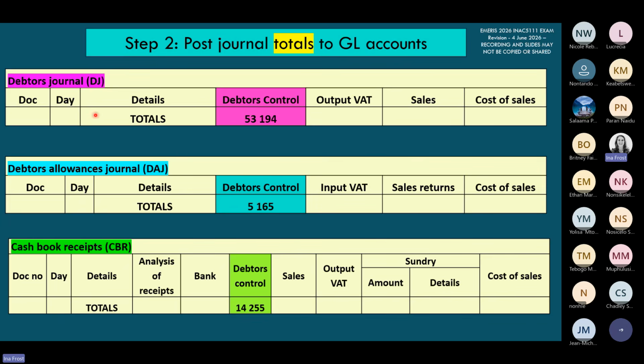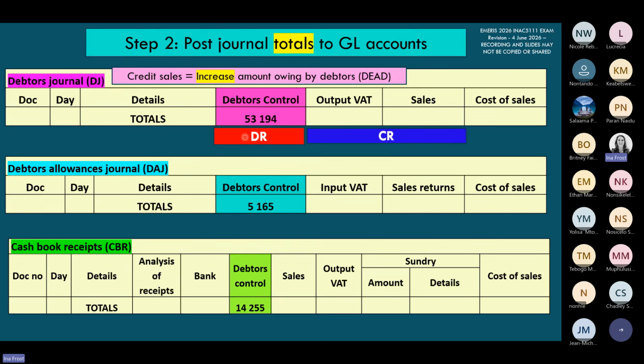So our debtors journal, that's where we recorded the credit sales, and a credit sale will increase a debtor. So this will be posted to the debit side of the debtors control account. The debtors allowances journal, that's for the sales returns, and that will decrease my debtor.